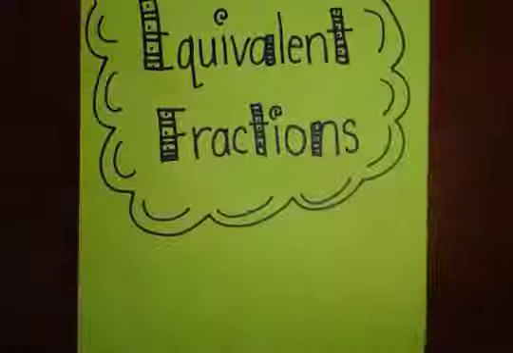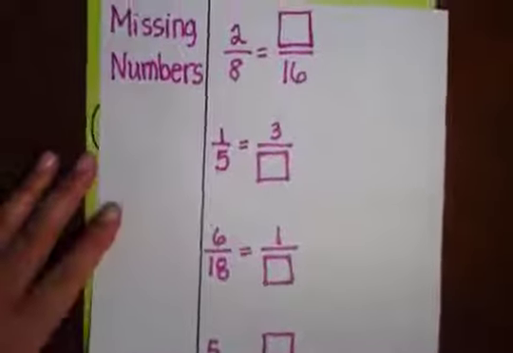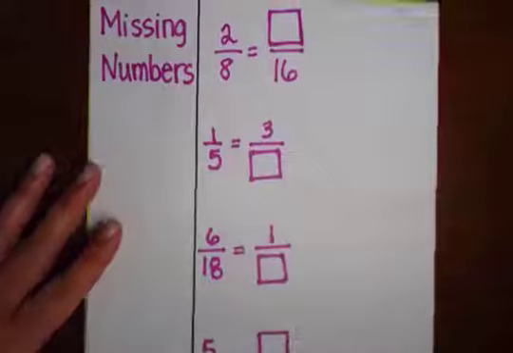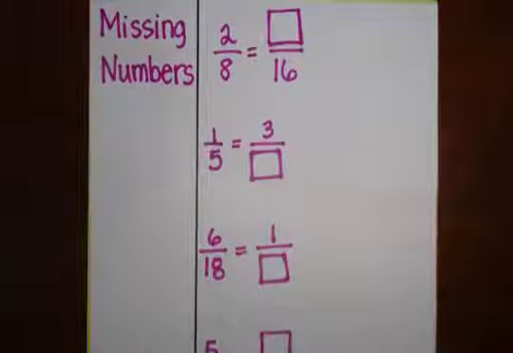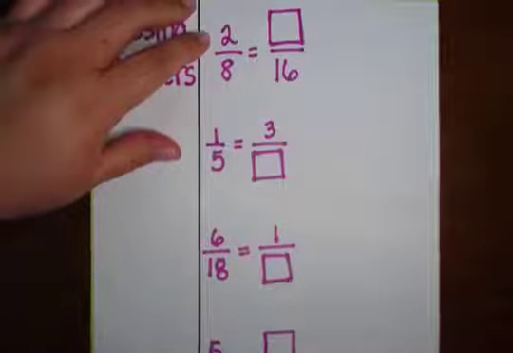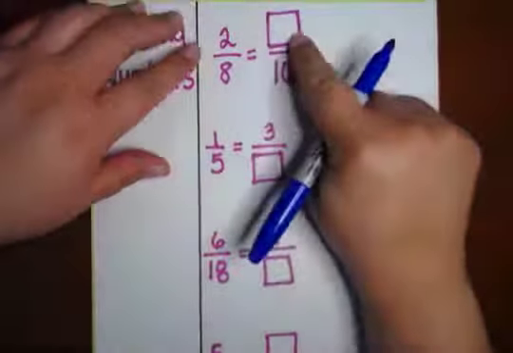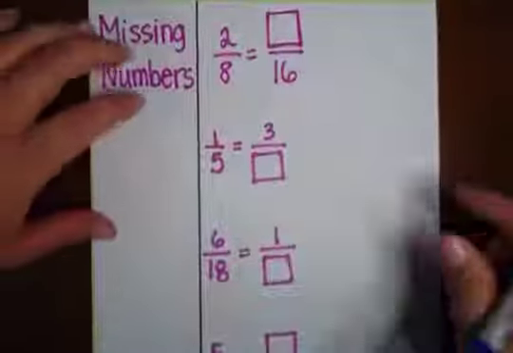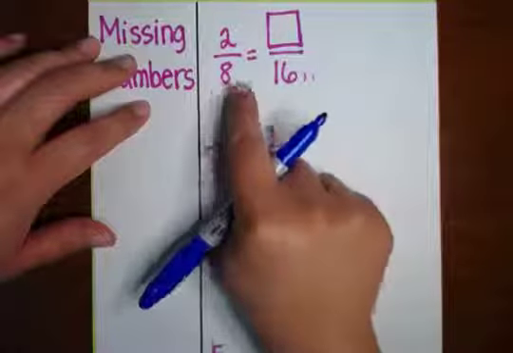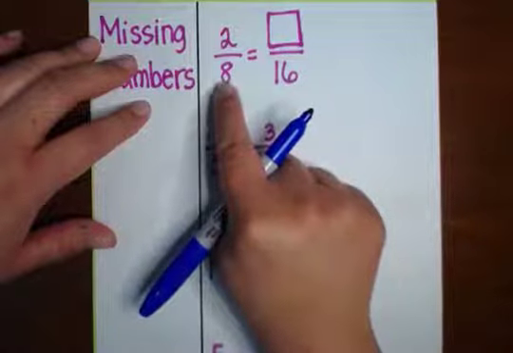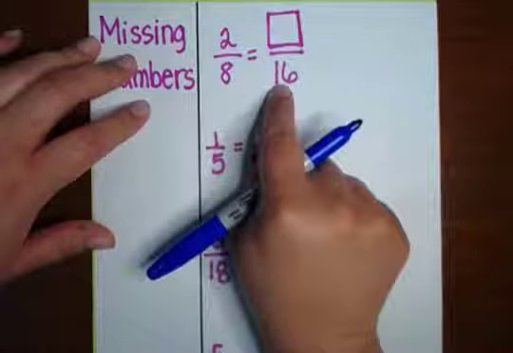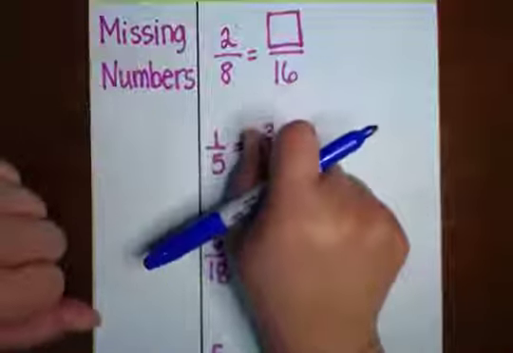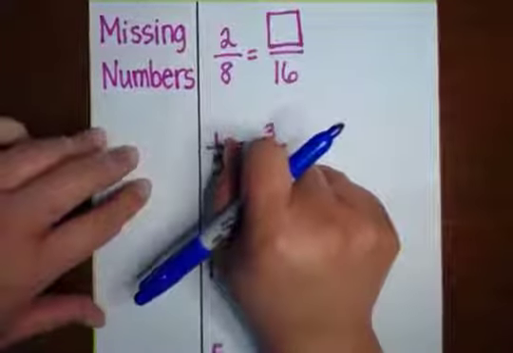Now, you might have a problem that looks like this, finding the missing numbers. In this case, you have to find the number that is missing. So what I like to do is look at my numbers from left to right and see, okay, if my numbers from left to right are increasing, you are going to multiply to find the missing number.